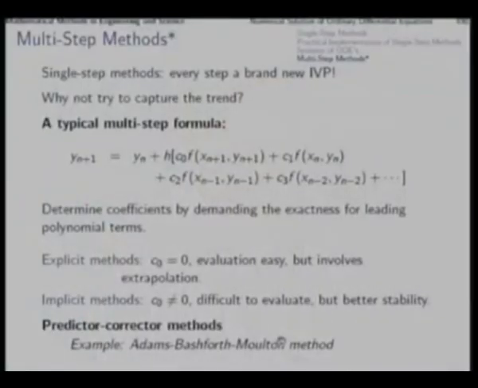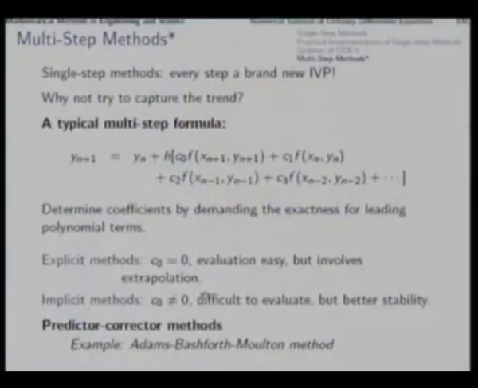And the most popular multi-step formula is called the Adams-Bashforth-Moulton method, in which a solution is predicted using the Adams-Bashforth formula, and the solution is then corrected using another formula, which is the Adams-Moulton formula.